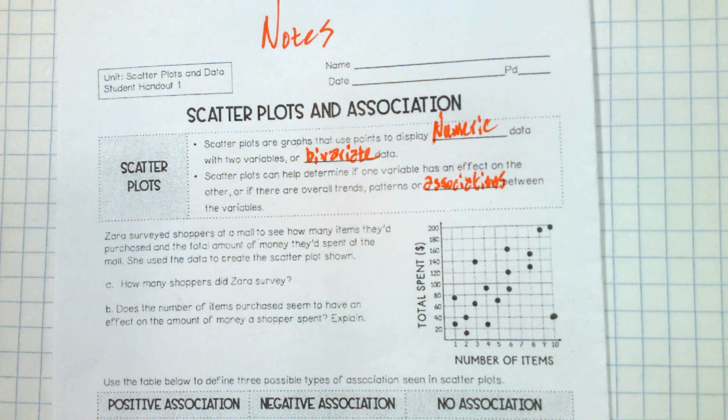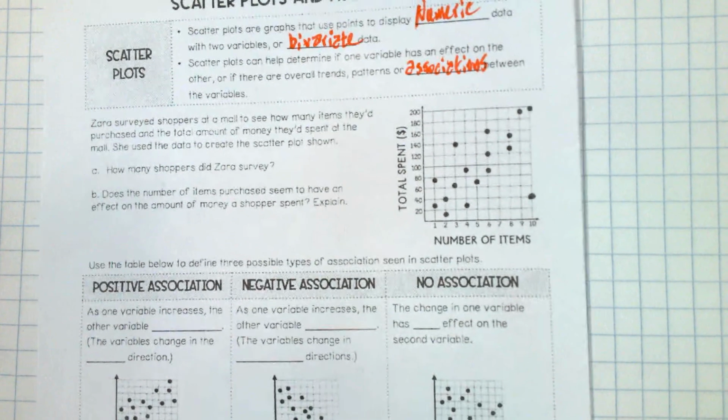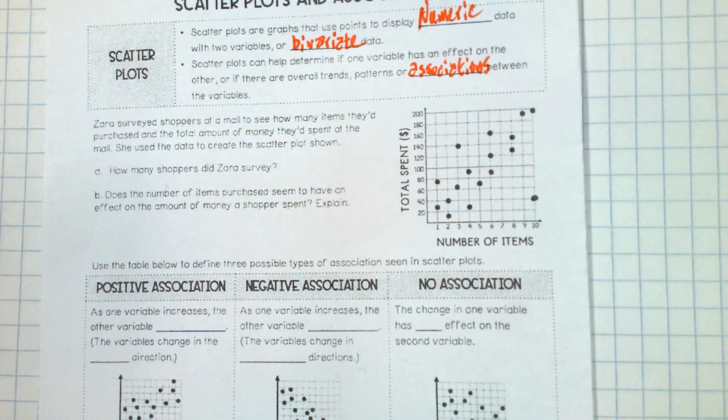So this is the scatter plot. And let's study what we have on each axis. So on the x-axis, she recorded how many items each person bought. And on the y-axis, how much they spent in dollars, right?